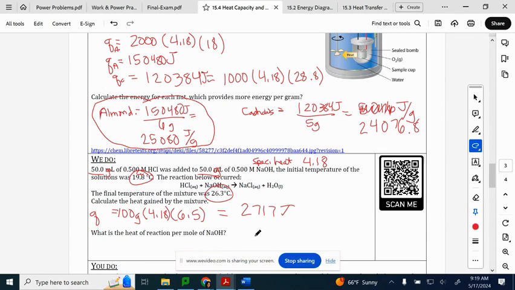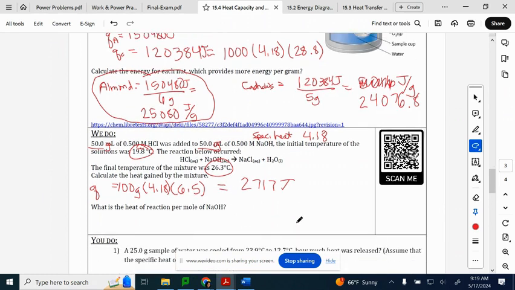Then, what is the heat of reaction per mole of NaOH? So, heat of reaction per mole. So that would be 2717. We can figure out our moles because we can multiply 0.05 times 0.5, which is 0.025. So remember the molarity and the milliliters.